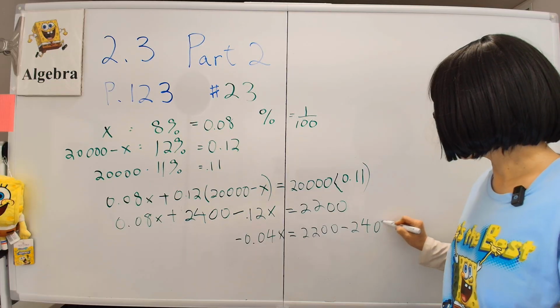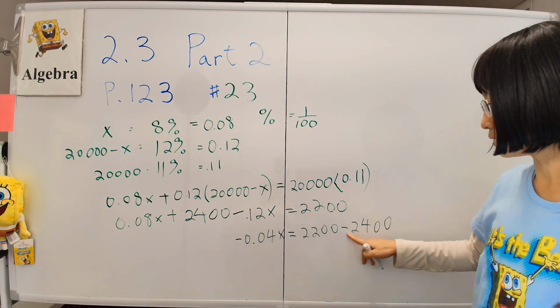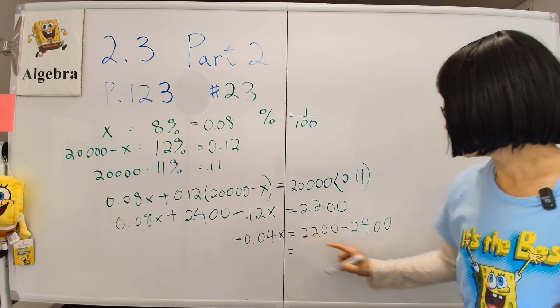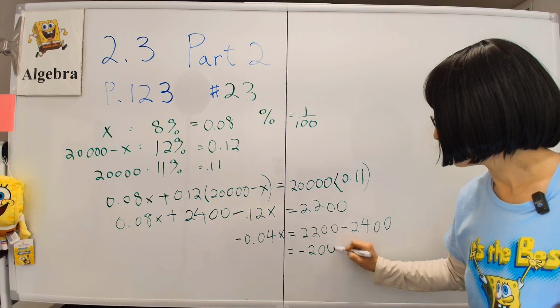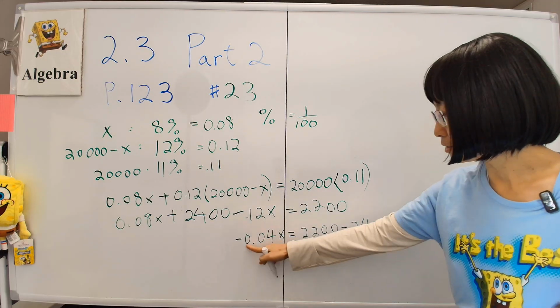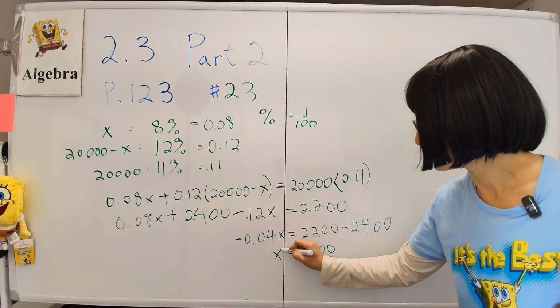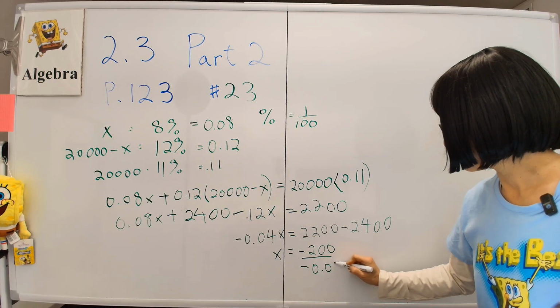Okay, because the positive moving across the equal sign becomes negative. And then next, we're going to do division. So this becomes negative 200, okay? And we're going to push that 0.04 under here. So we'll push this thing down. So x becomes negative 200 over negative 0.04, don't forget the negative sign.